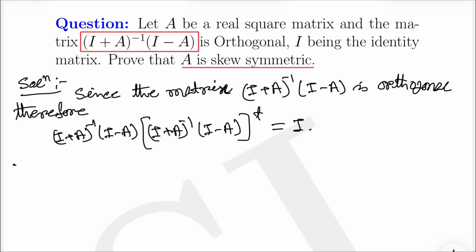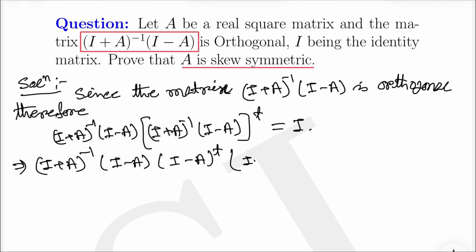Now calculate it, and our target is to show that A transpose is equal to minus A. So this is (I plus A) inverse into (I minus A), and apply the properties of transpose. We get (I minus A) transpose into ((I plus A) inverse) transpose is equal to identity.